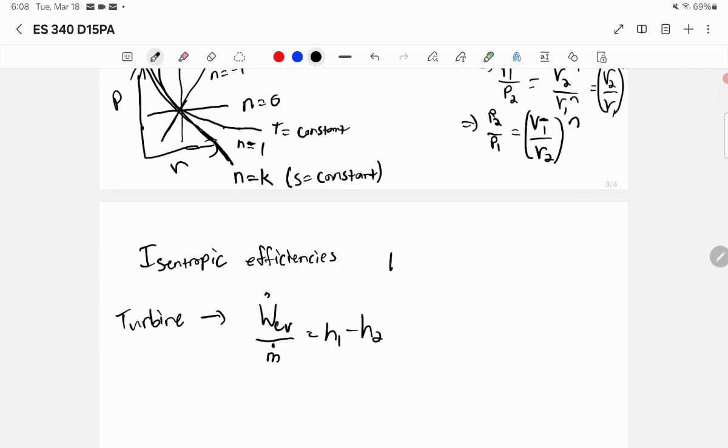For a single inlet, single exit, assuming no heat transfer, which is a common assumption in the turbine, but it can't always be assumed that way. So I'm assuming h1 is the inlet, h2 is the exit, right? And this is going to be at steady state.